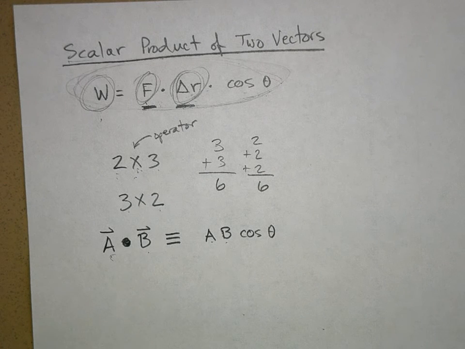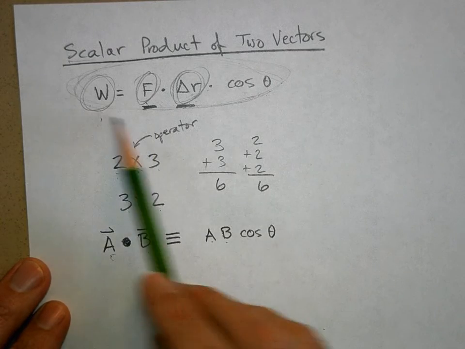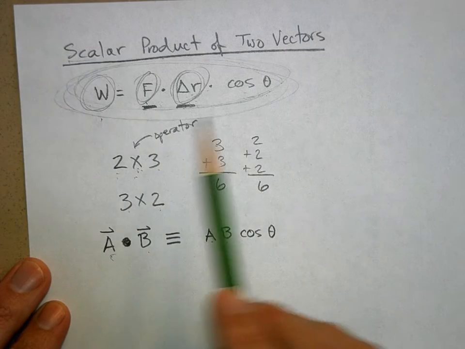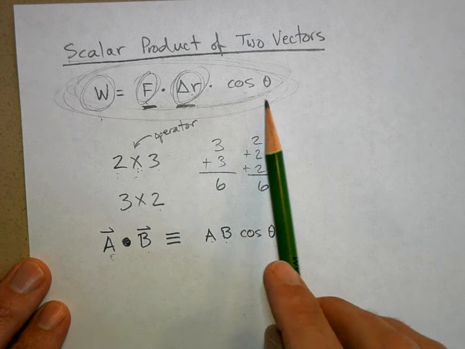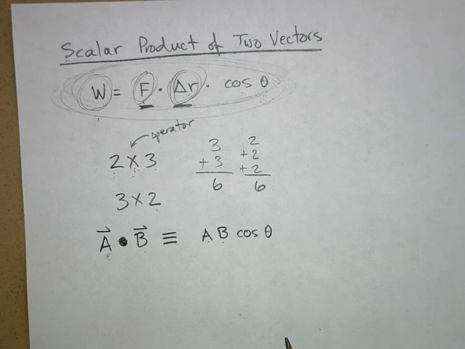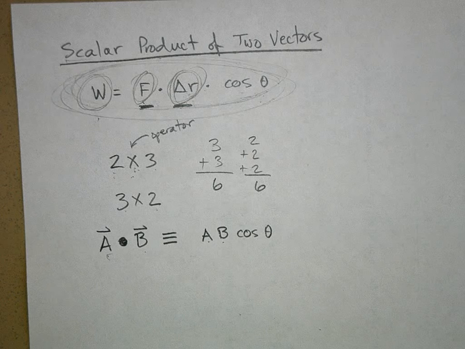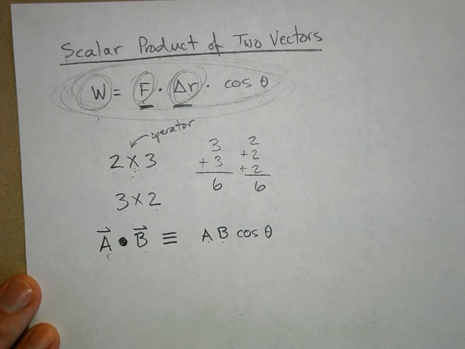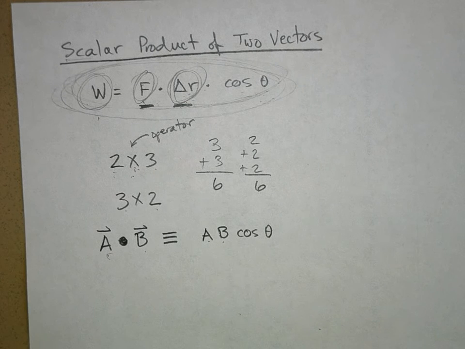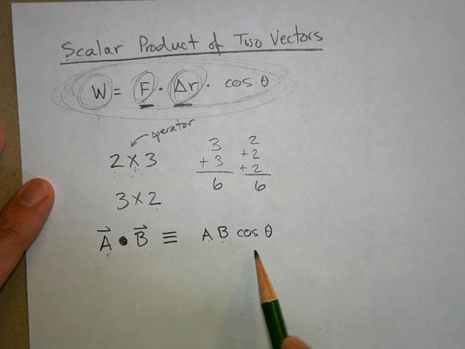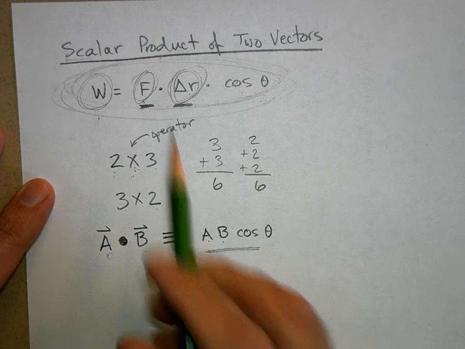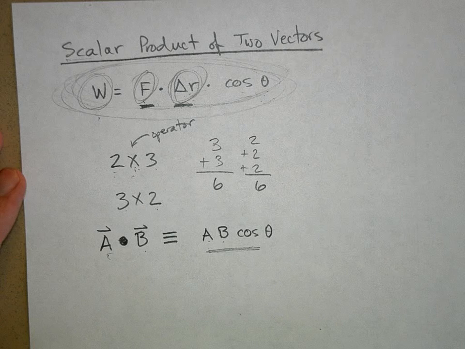So this little mathematical pattern that we see here, multiplying the magnitude of vectors together times the cosine of their angle, comes up over and over again. So mathematicians have given it its own special operator and a name. So I'll quite often call it the dot product. And remember, your answer is a scalar. So it's really kind of nice to call it the scalar product.